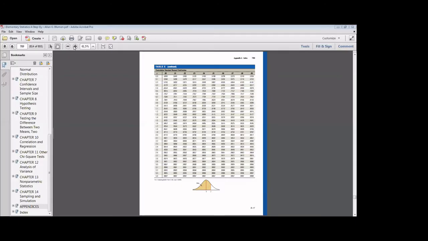So I'm going to share the table. So this is the table.